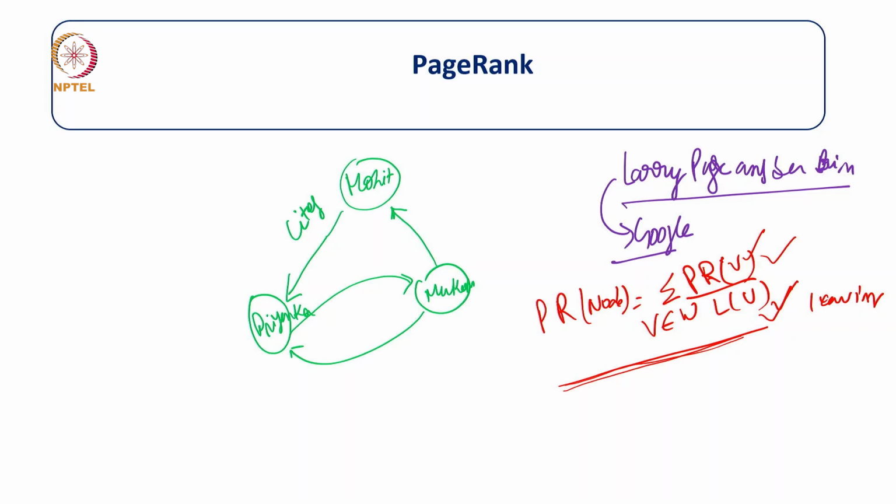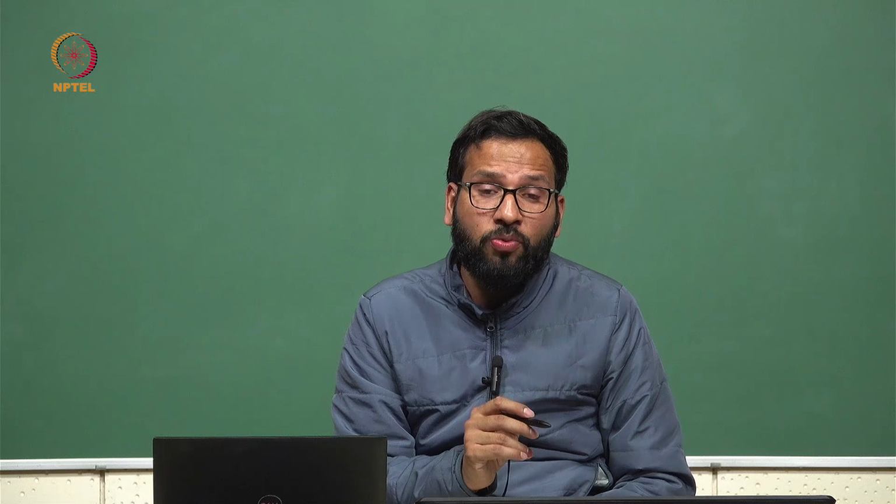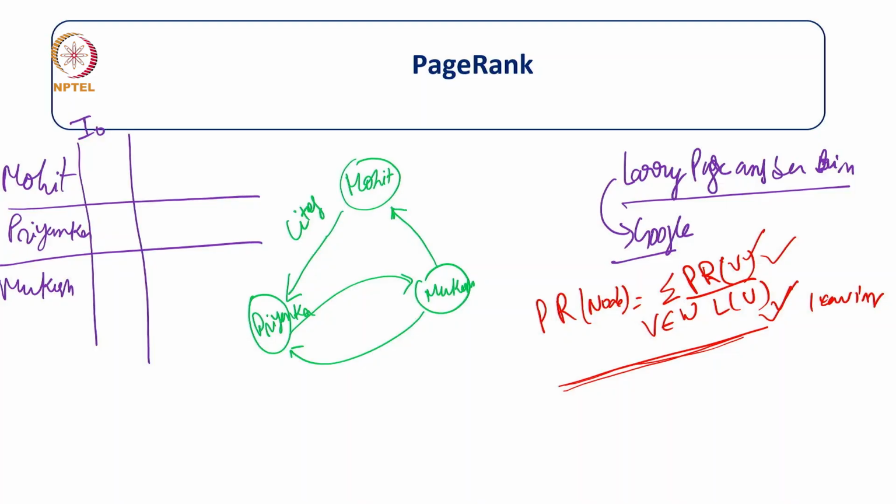We'll make a table like this: Mohit, then Priyanka, then Mukesh. In the first iteration, we assume that the rank of all the nodes is equal. There are 3 nodes, so we give 1/3 here, 1/3 here, 1/3 here.